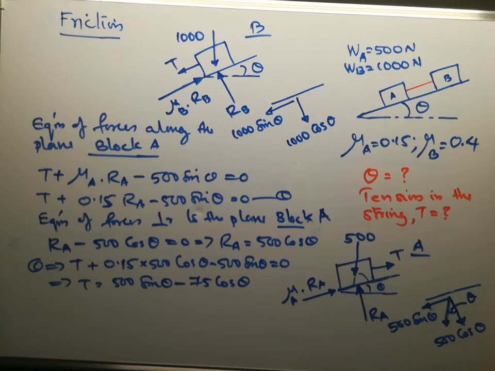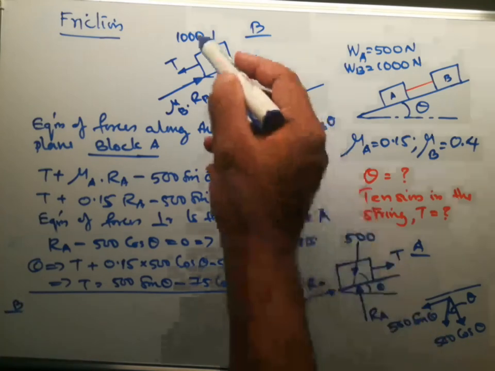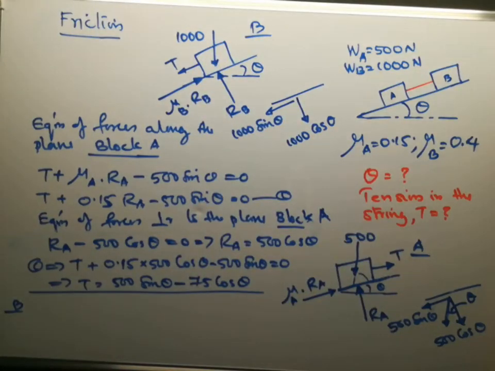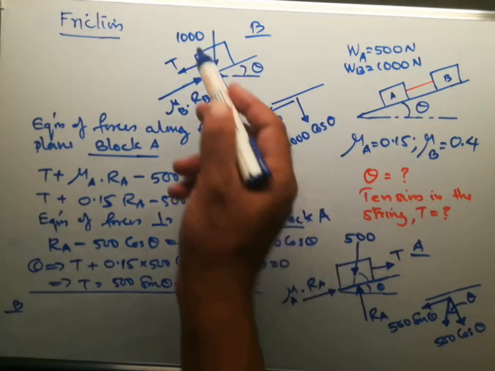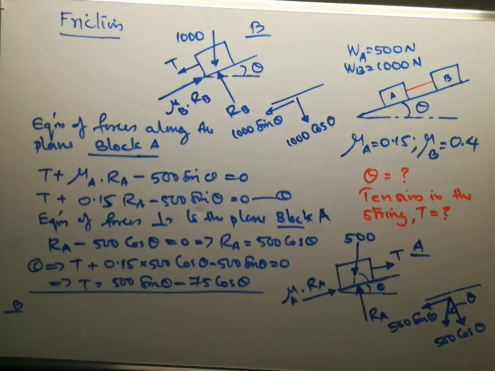Now if you consider block B and resolve the forces in parallel and perpendicular directions of the inclined plane, for block B, if you consider the equilibrium of vertical forces, then that should be equal to 0 because there is no motion in the perpendicular direction.